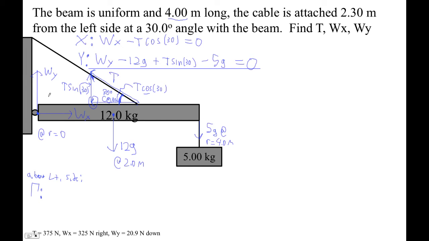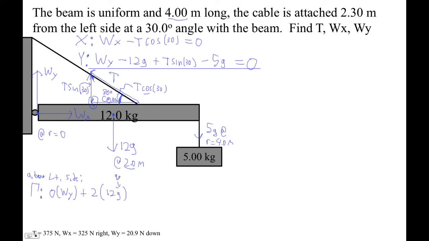All right, the wall in the Y direction is at 0, so 0 times wall in the Y direction. The wall in the x direction, by the way, doesn't exert any torque because it's parallel to the beam, right? The next one we've got is a clockwise torque due to this guy, so plus, and how far out is that? It's at 2 meters, because it's a 4 meter long beam, so it's 2 meters times 12 G, and that G is 9.81.